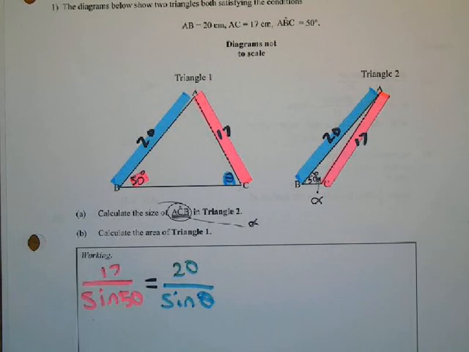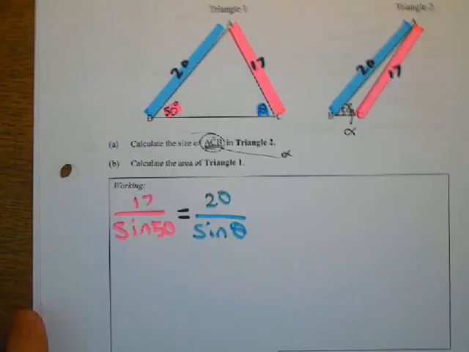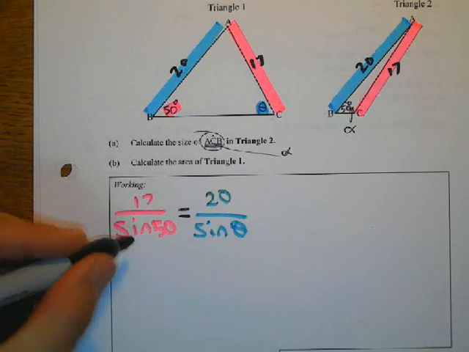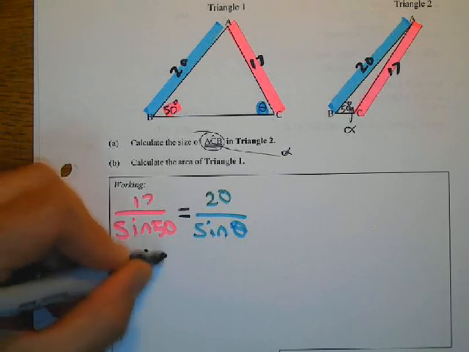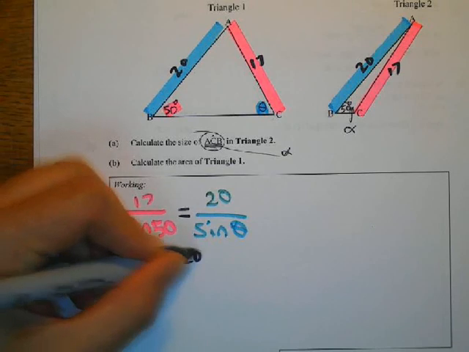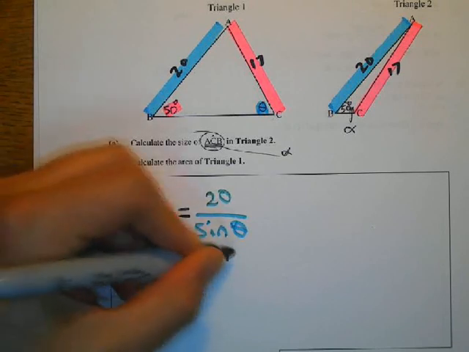If I cross multiply, I end up with 17 sine theta equals 20 sine 50.